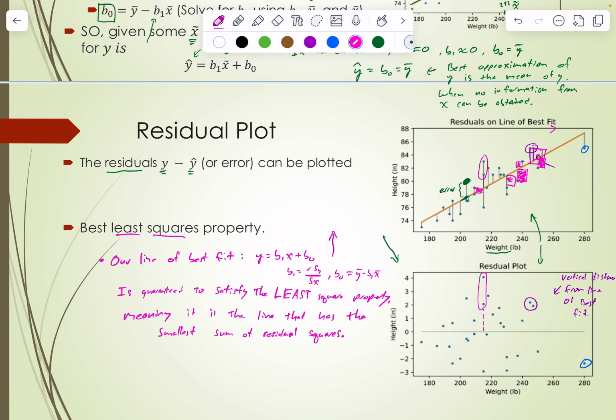And so that's a good way to find a line that goes right through the middle in an optimal way.